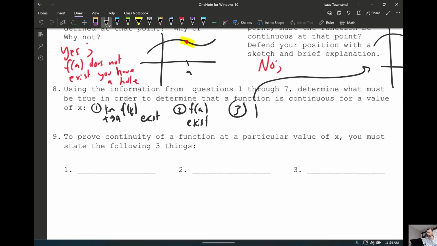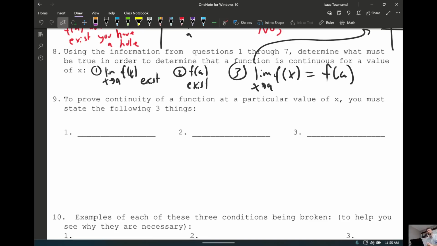So the limit, whatever it's approaching on the left and the right, needs to be the same as the point. Whatever the y value of the point is needs to be the y value it approaches from the left and the right. I'm not sure, but I think question 9 trickles onto the next page.